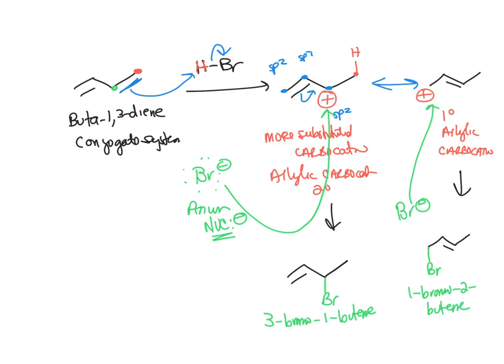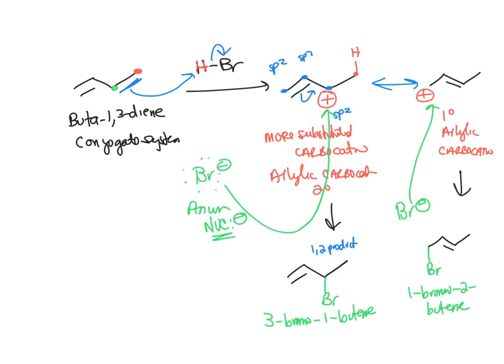So you can get two different products. Now, if you look at your slides, you'll see that this is temperature dependent. At negative 80 degrees, you're going to get the 1,2 product.